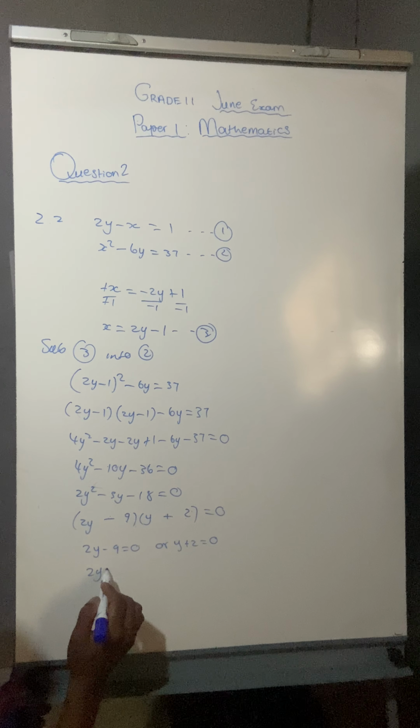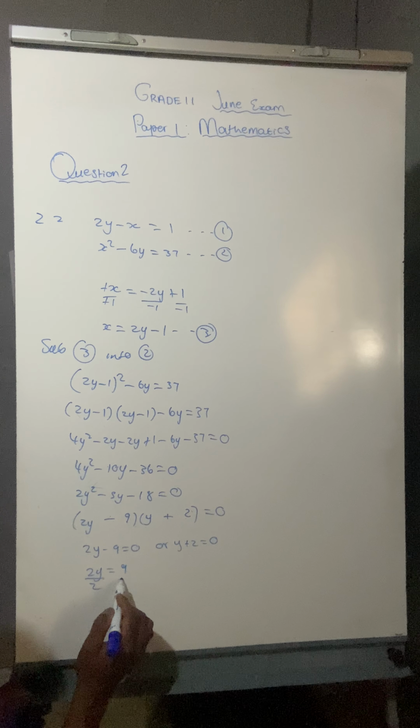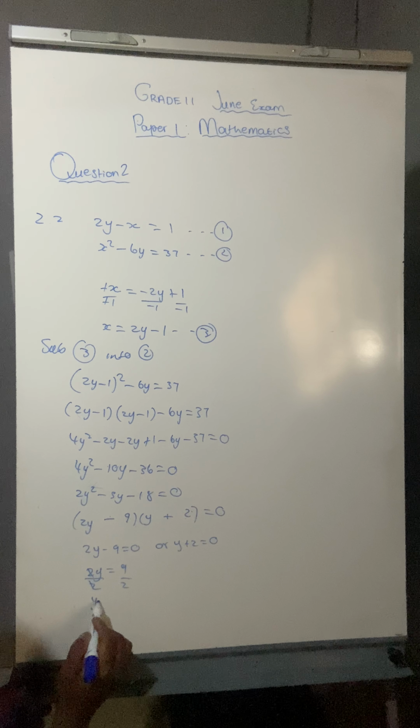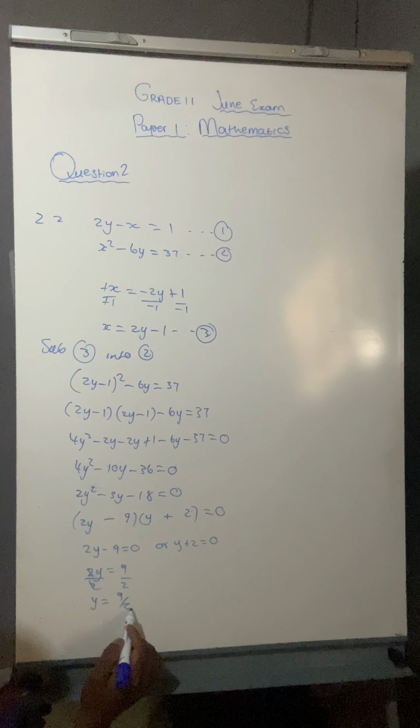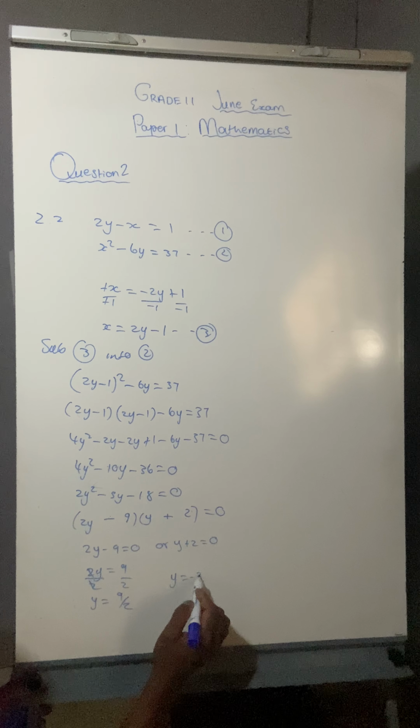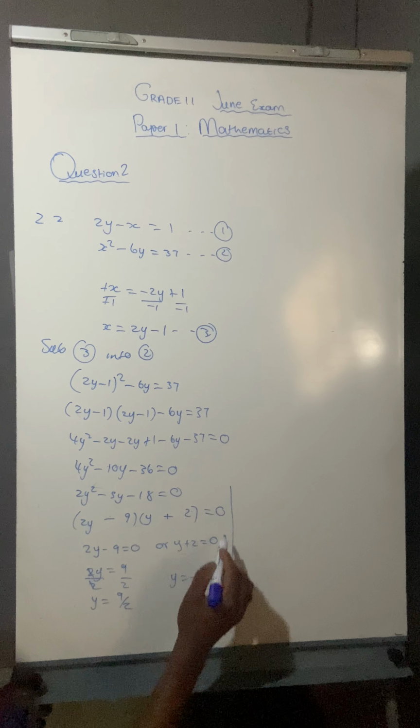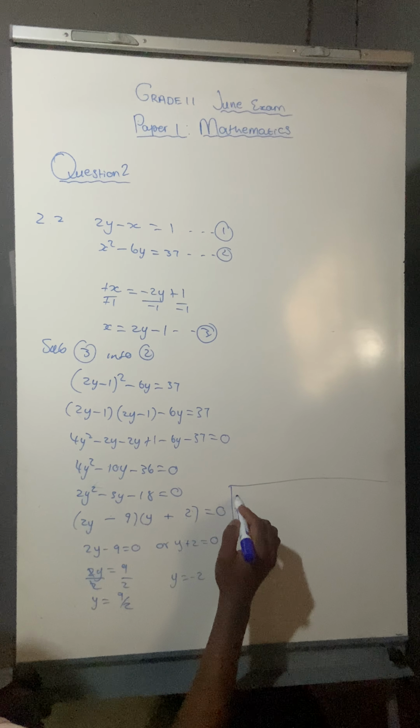Therefore 2y equals 9. You divide by 2, so the value of y is 9 divided by 2. On this side, y equals negative 2. After getting those answers, what are you going to do?